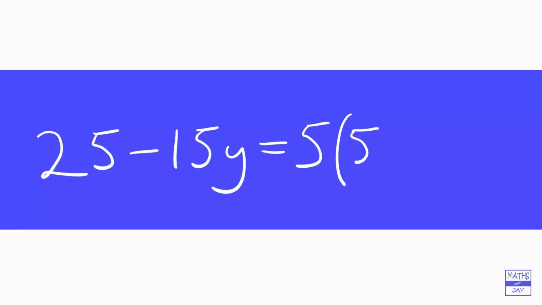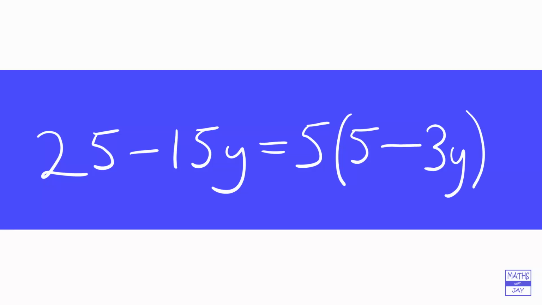So that will be 5. And this time we've got a minus sign, so we need to multiply 5 by a negative number to get negative 15y. And then 5 into 15 goes 3. And we need the y as well.